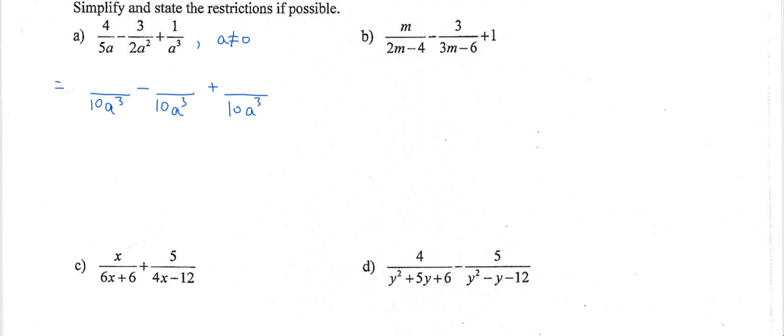Okay, so now to go from 5a to 10a cubed, I'm going to have to multiply by 2a squared. So my numerator is going to be multiplied by 2a squared. So I'll have 4 times 2a squared. And the second one, I have to go from 2a squared to 10a cubed.